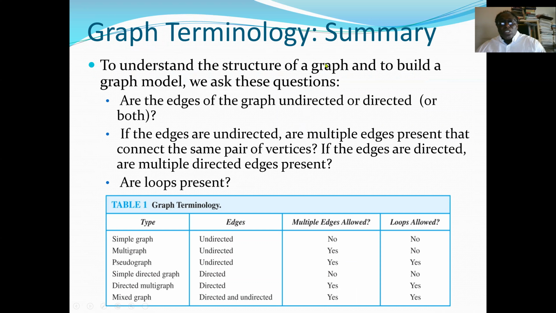To summarize graph terminology: to understand the structure of a graph and to build a graph model, we ask ourselves a few questions. First, are the edges of the graph undirected or directed, or both?